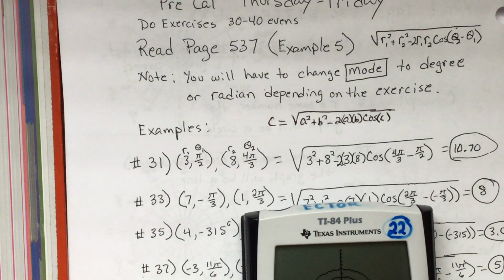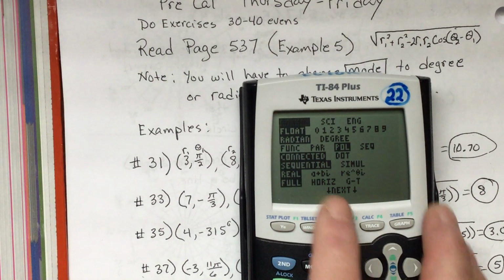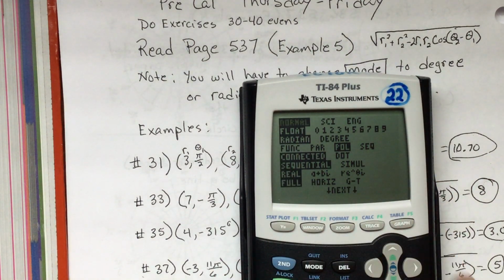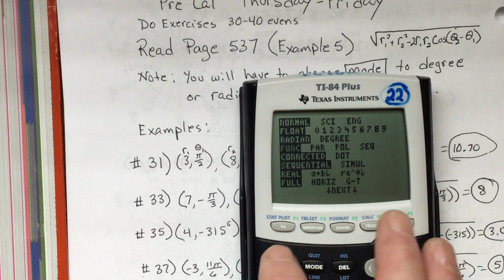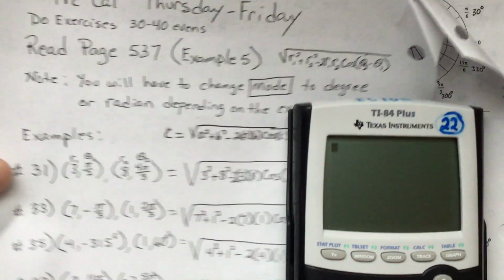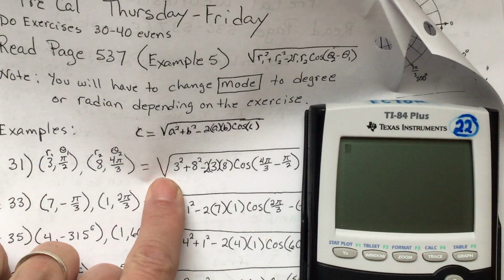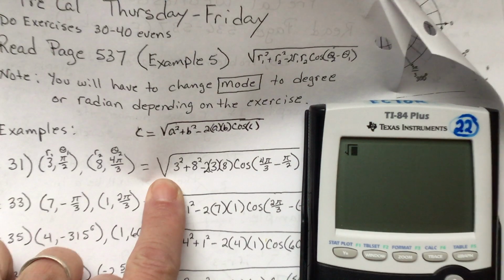okay, let me change my mode. Make sure that we are in radians, and we are. I don't know that it will make any difference, but I want to go back to function instead of polar coordinates. So here we go. Typing this into the calculator. Second x squared.